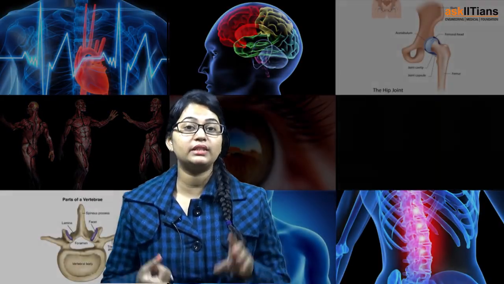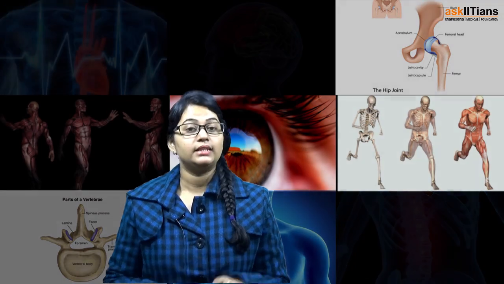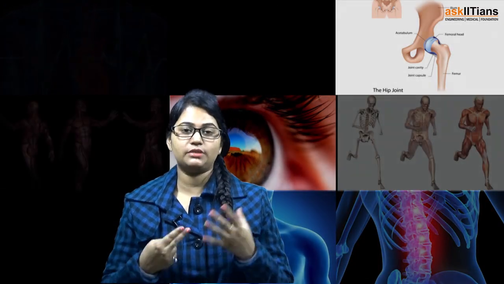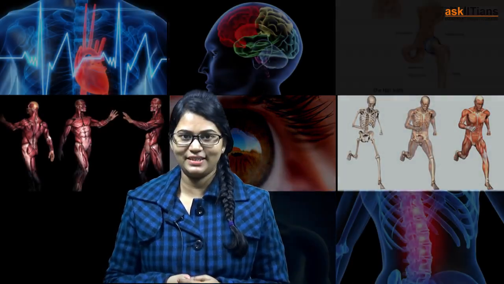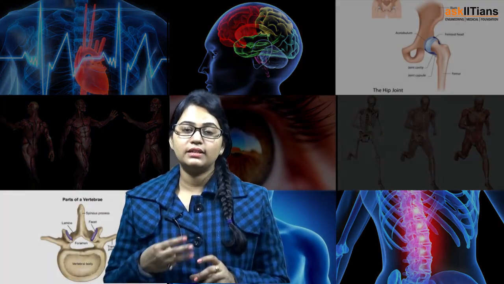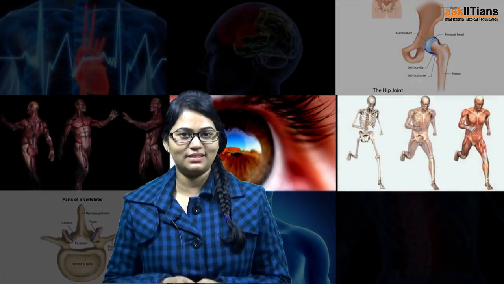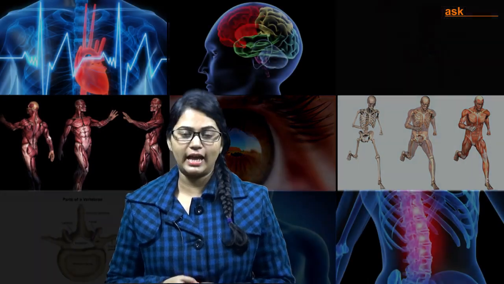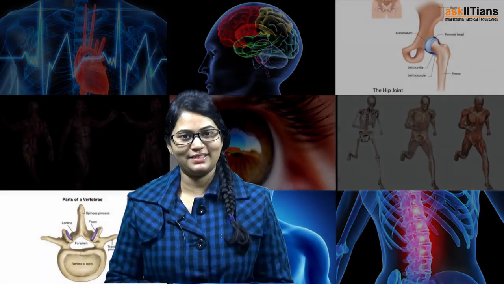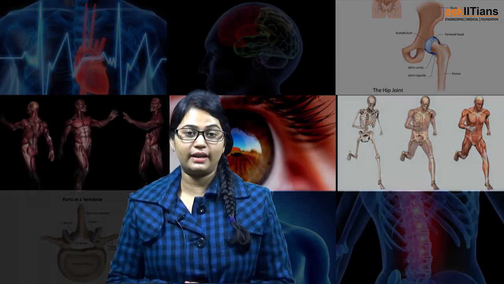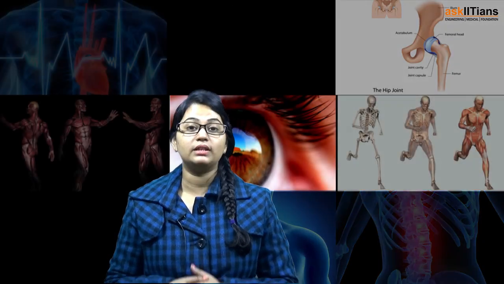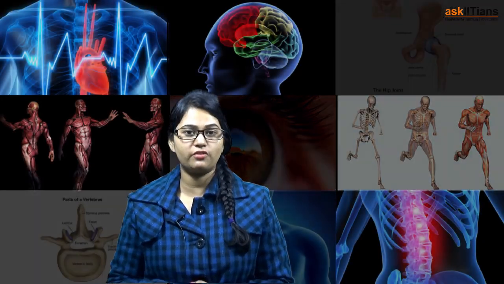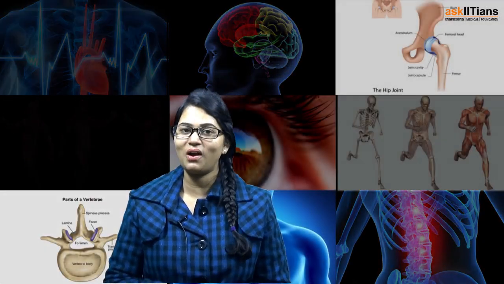We have learned about the types of movements, the types of locomotions that are found in various types of families. Then we learned about the human skeletal system, which was again subdivided into axial skeleton and appendicular skeleton. Under axial skeleton, we studied about the skull, the sternum and ribs, and the vertebral column.